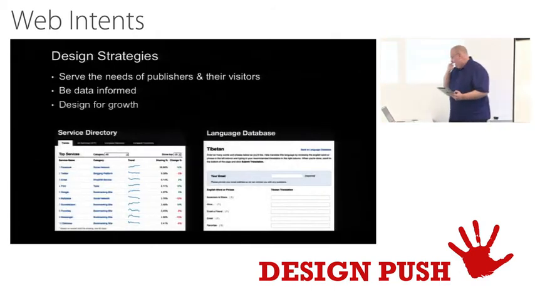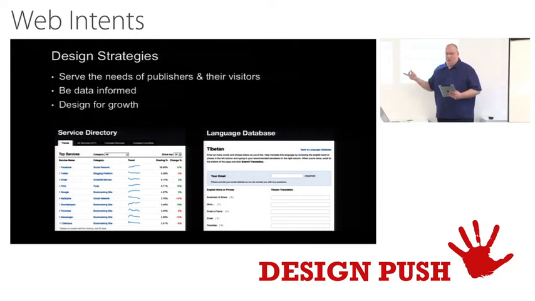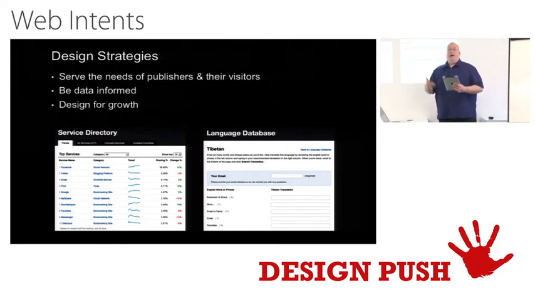And then the last thing I'd say is just designing for growth. And this actually is maybe a little bit related to what you were just talking about, Paul. We developed a protocol called O-Exchange, which is a protocol for URL sharing and service discovery. And we use that in our platform. So all the services in the AddThis platform all use the O-Exchange, or are compatible with the O-Exchange protocol.